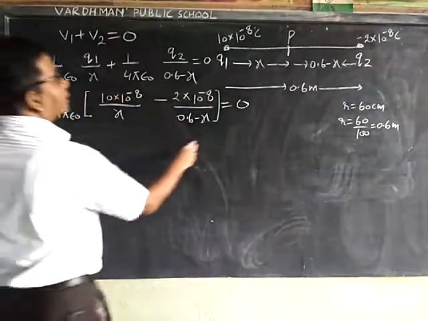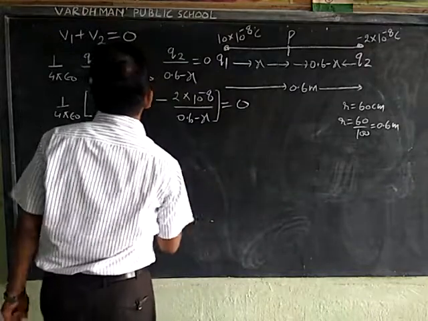Since 1 upon 4 pi epsilon naught is not zero, the bracket becomes 0.